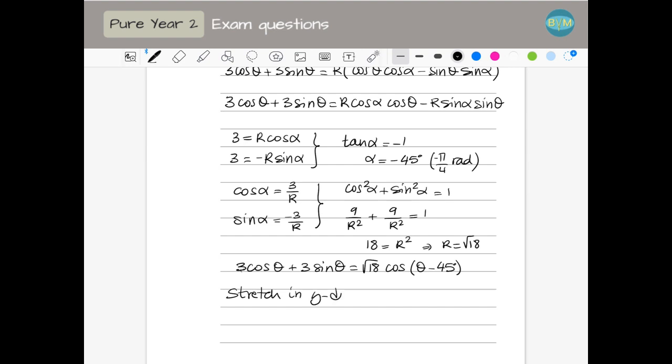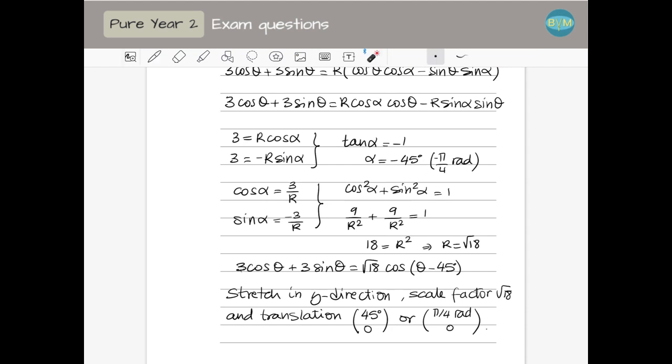in the y direction with a scale factor root 18, and a translation with vector 45 degrees, 0 to the right, or pi quarters radians, 0.